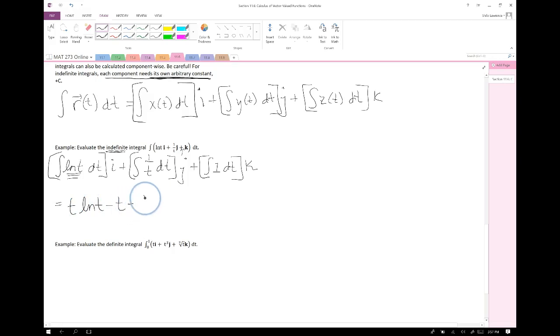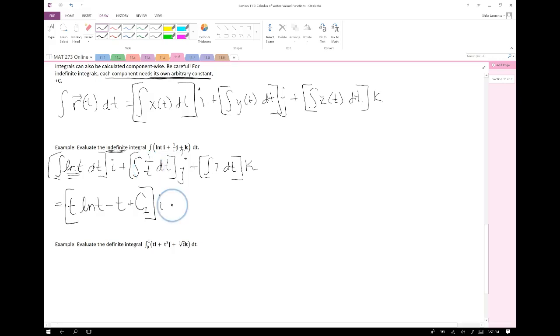And then we say plus c sub 1. And I'm saying c sub 1 because I want to use c for all of my arbitrary constants, but there's no guarantee that all of those arbitrary constants will have the same value. So we need to do something in order to distinguish between them. So for my i component, I've got arbitrary constant c1.